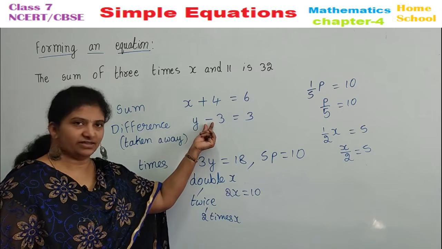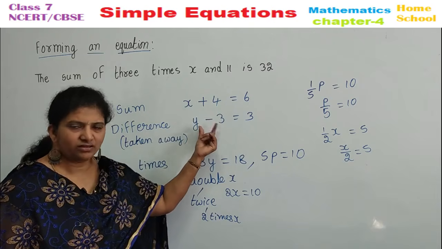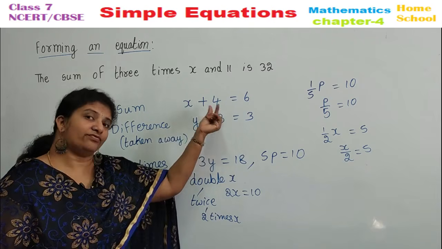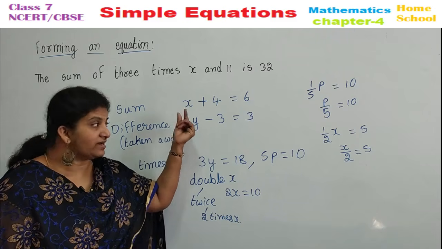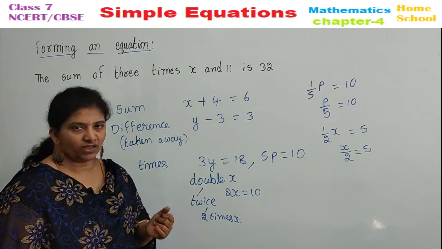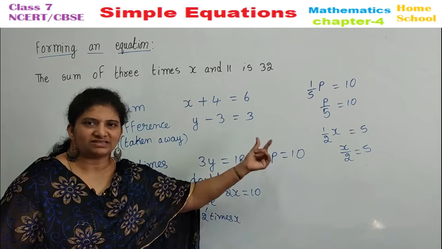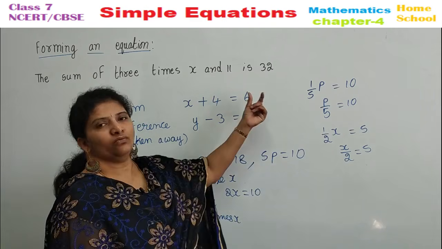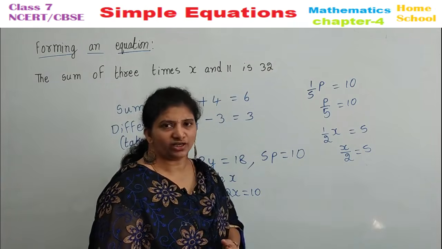Difference, minus sign. Or subtract 3 from y is also the same meaning. Subtract 3 from y. Understand, from y you are subtracting 3. Y minus 3 is equal to 3. 5 times p is equal to 10. 5p is equal to 10. And 1/5 of p is equal to 10. P by 5 is equal to 10.